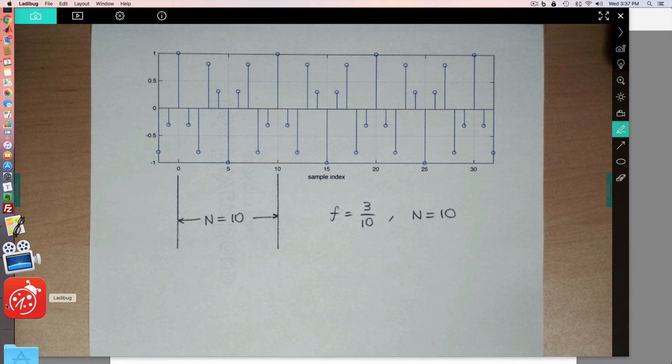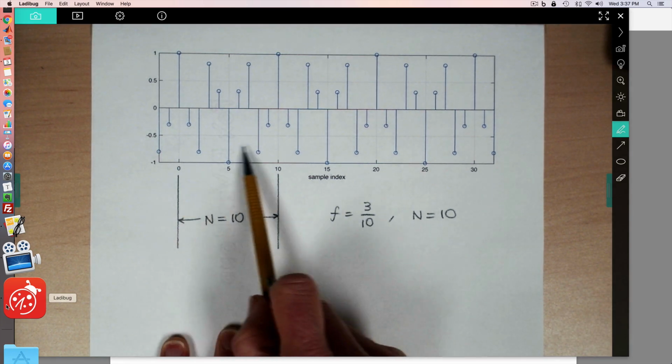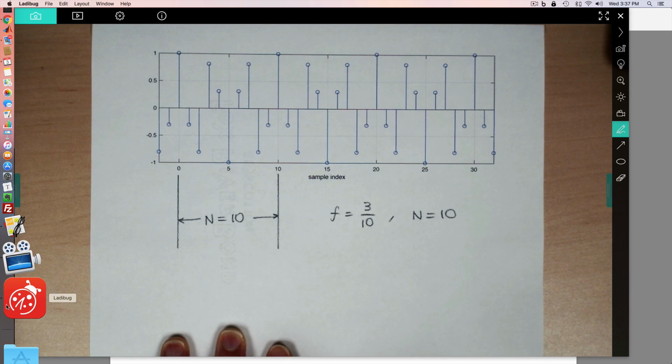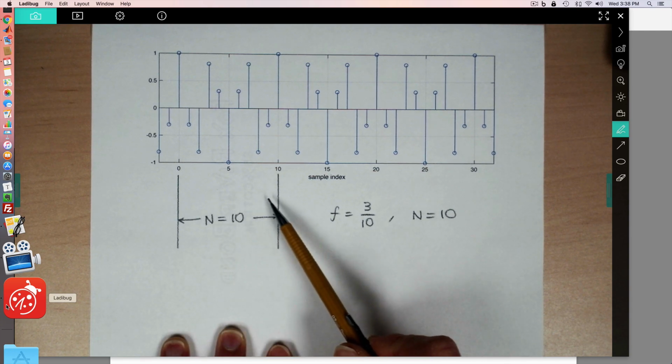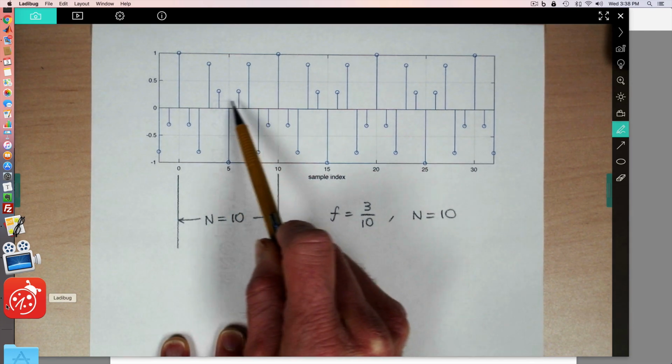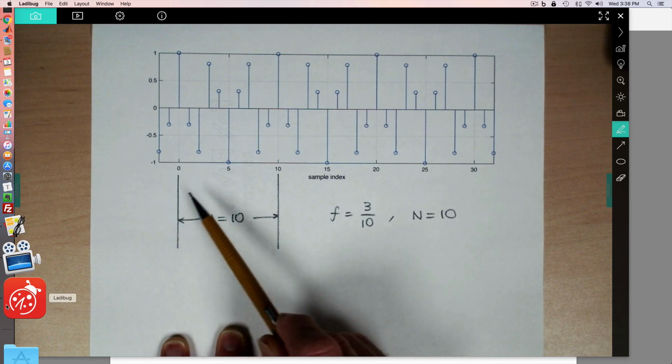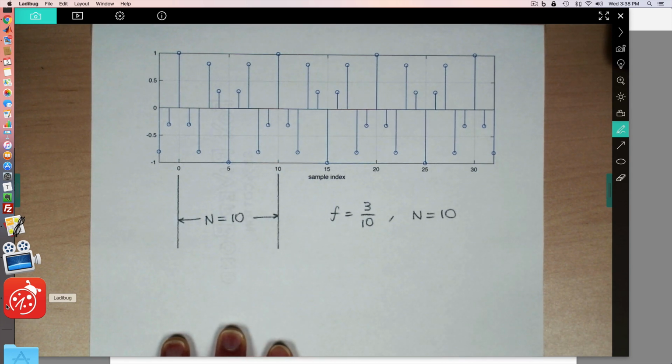It's 10. If you look carefully at this period that I've highlighted, you can see that indeed this function does not repeat until you pass through 10 samples. There are some symmetries that show up, but you don't get a repeating complete sequence unless you shift by 10 full samples.